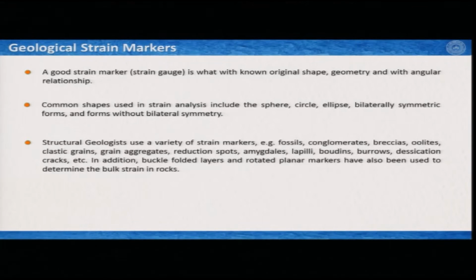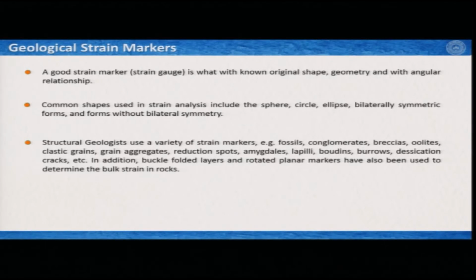So you need some sort of marker or strain gauge that gives you the idea of what the original shape was, and now what we see in the field is your deformed shape. You need to know the geometry and some angular relationships of the object you are looking at, which was initially in a different shape, and therefore you can figure out that your rock is deformed.